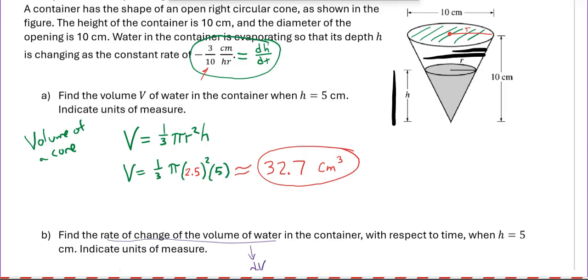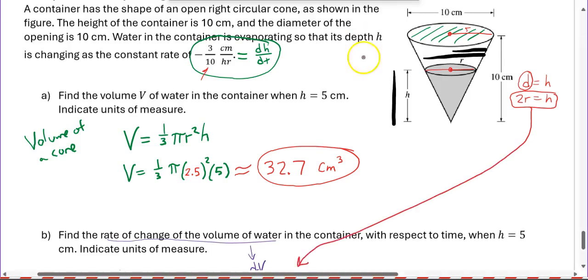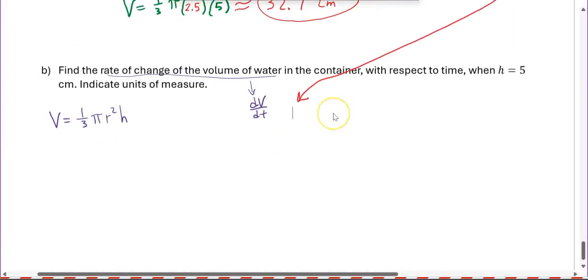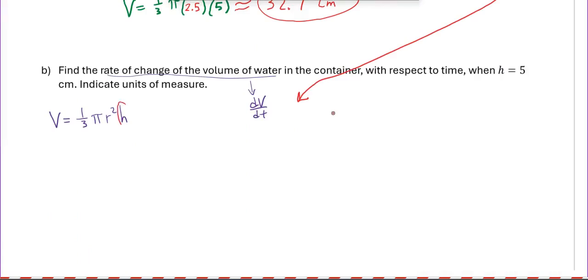So let's write that down algebraically: the diameter is equal to the height. The diameter really is made up of 2 of the radiuses, so 2r equals h. That's what we need. Let's take that fact back down to our problem: 2r equals h.